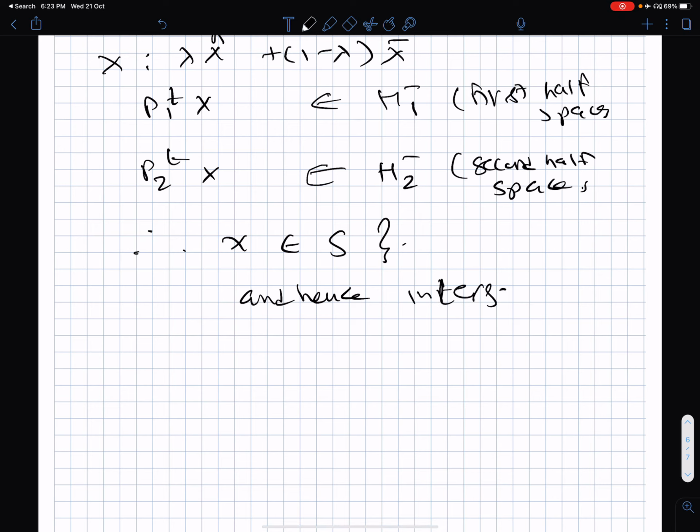So the intersection of half spaces is a convex set.